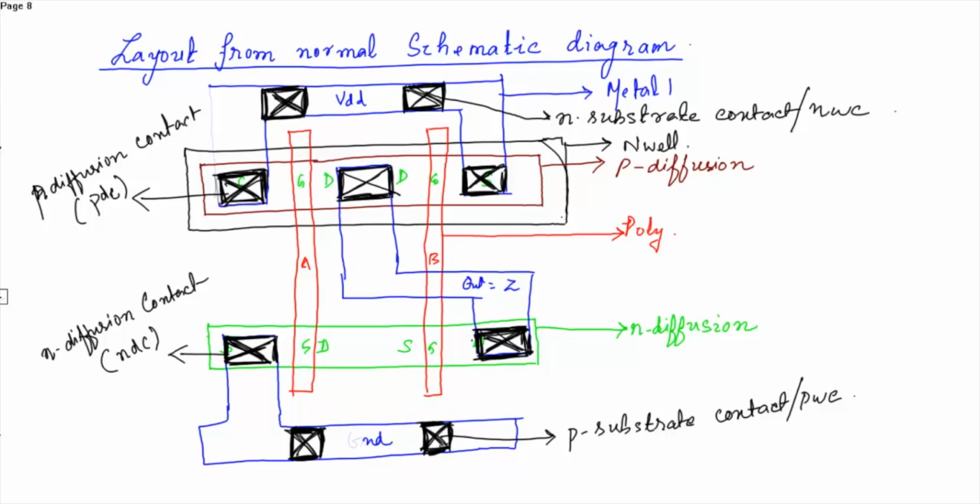So we can erase this part, and you can write this as the twisted schematic. This was a twisted schematic, not from the normal schematic.